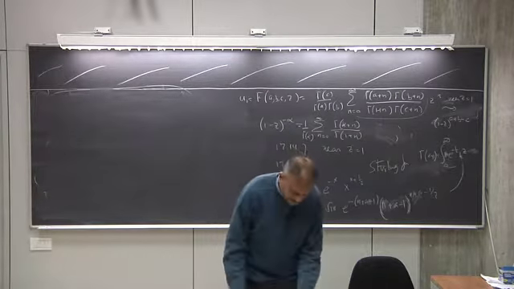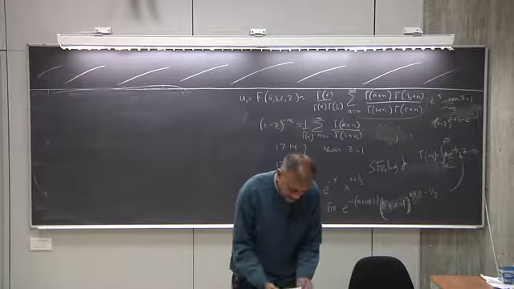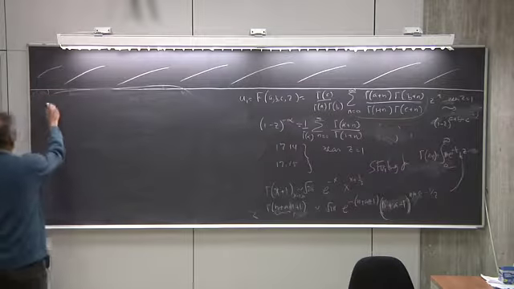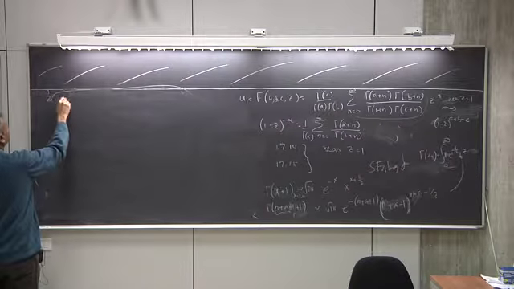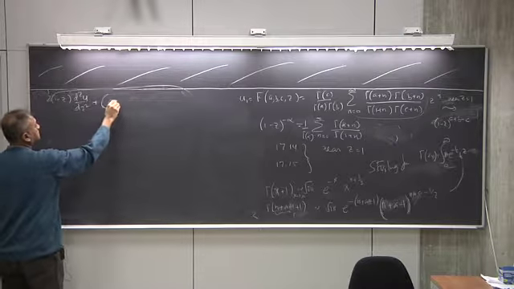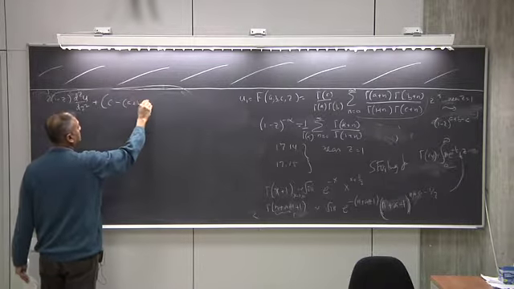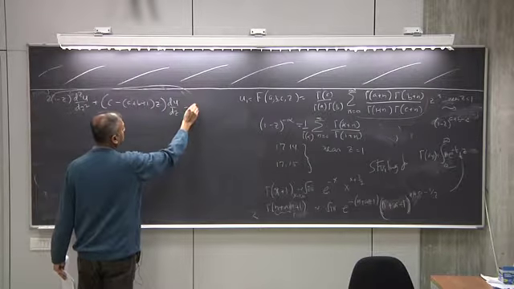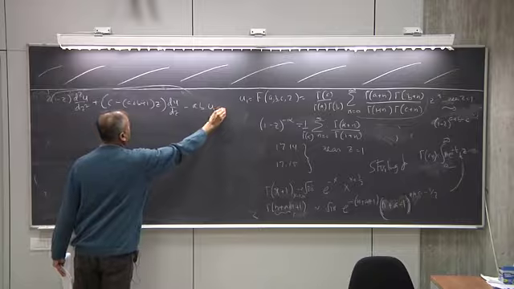Okay, so the basic idea here is to try to write the solution to the original differential equation. The original differential equation was z(1-z) d²u/dz² plus (c minus (a plus b plus 1) z) du/dz minus ab u equal to 0.